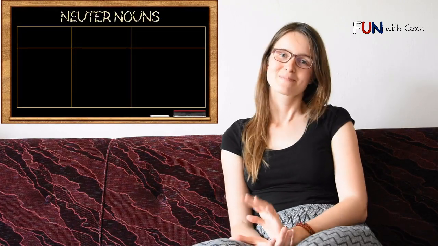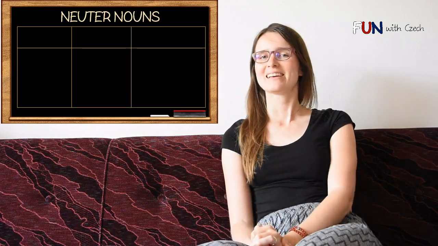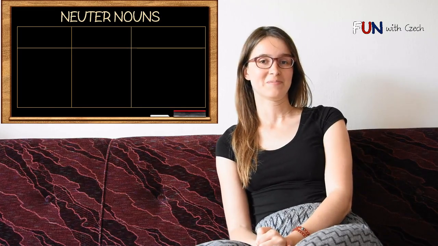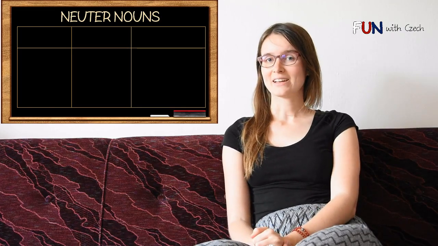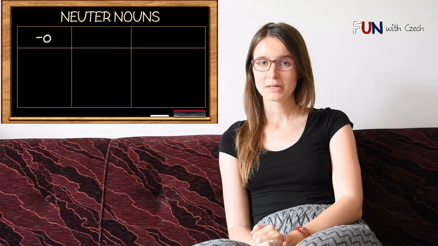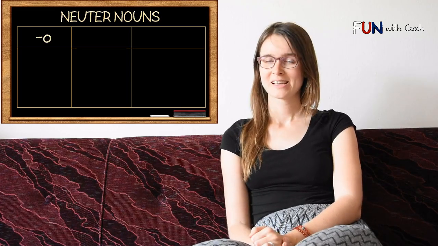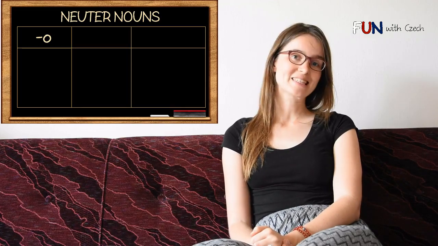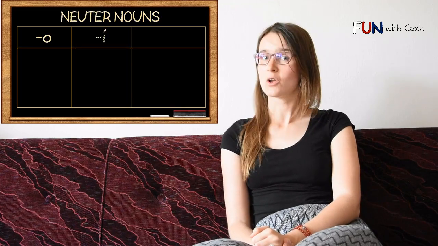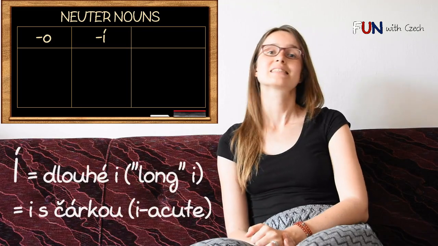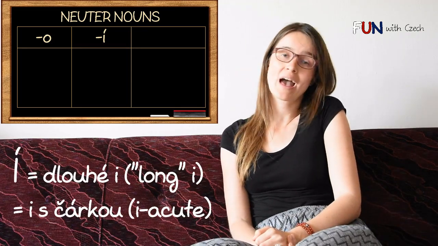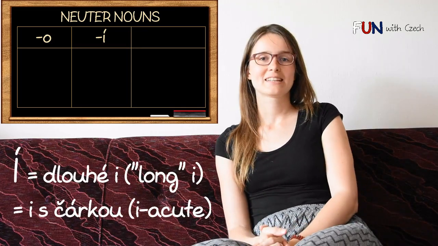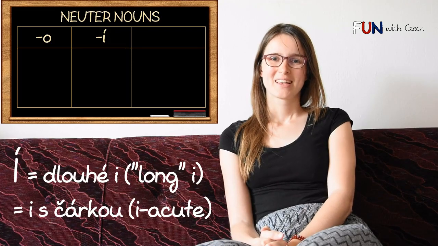Let's first have a look at the group of the neuter nouns, which seem somehow to be the easiest one to master. Apart from the ending o, which is the most typical one for neuter nouns, there are 2 more possible endings. One of them is í, like the long í s čárkou, or dlouhé í as we call it in the Czech language.